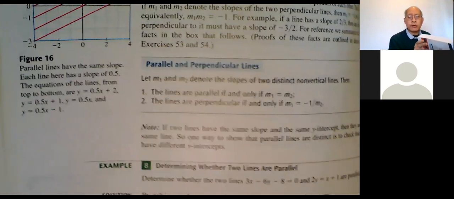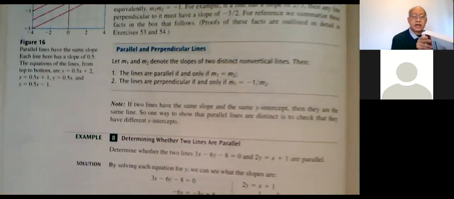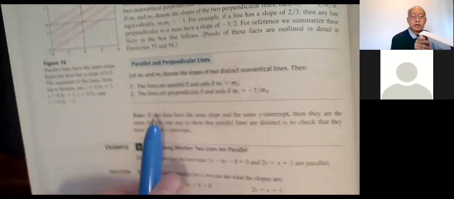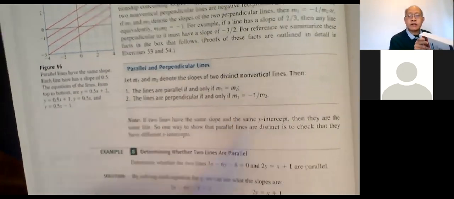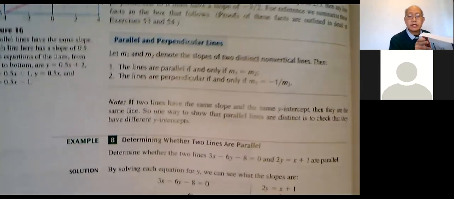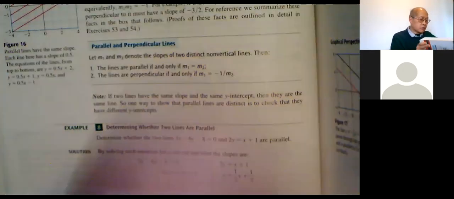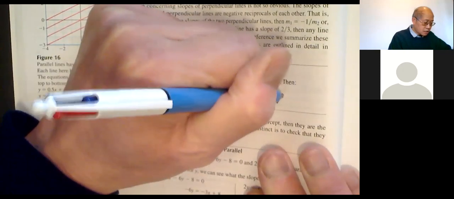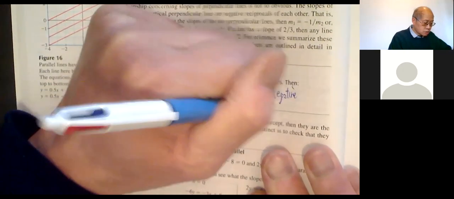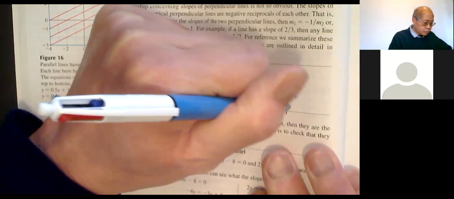Perpendicular is a little bit tougher. We won't prove it, but we'll just state it. Again, you've seen this before, hopefully. Two lines are perpendicular if m1 is equal to -1 divided by m2. These are sometimes called negative reciprocals, and I'll write that down. Negative reciprocals.